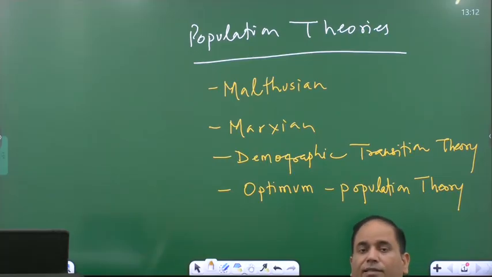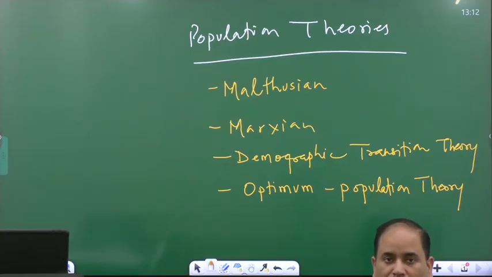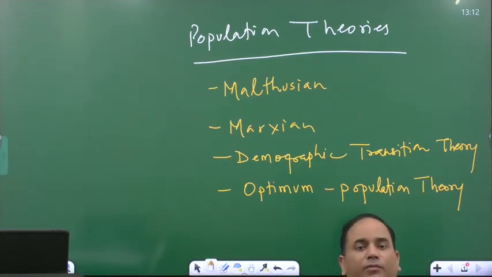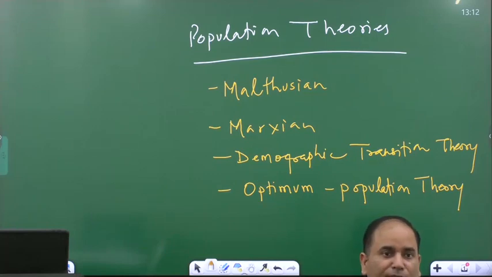Malthusian theory and the demographic transition model, these two models are related to population. But when Marx gave his theory, he was not interested in giving a population theory.